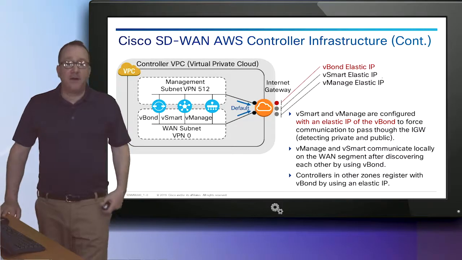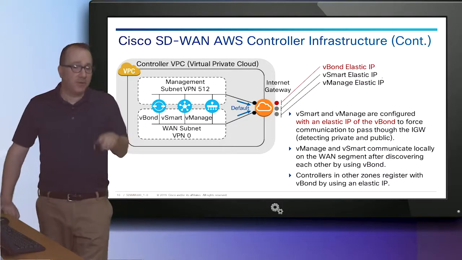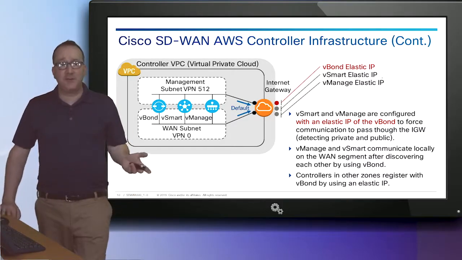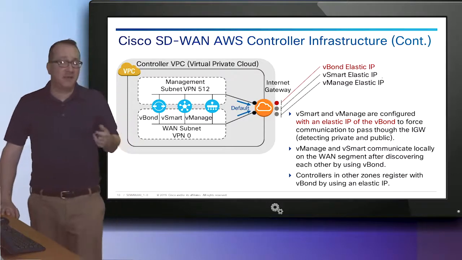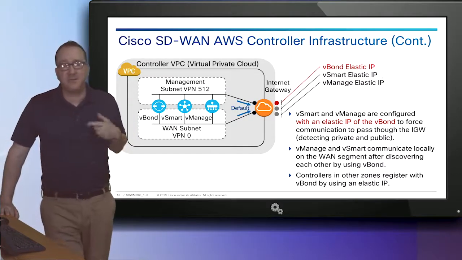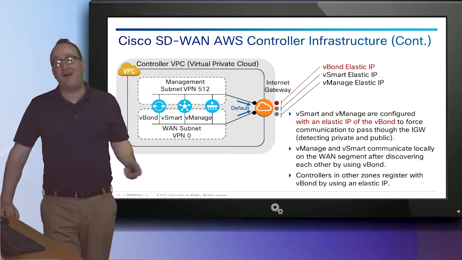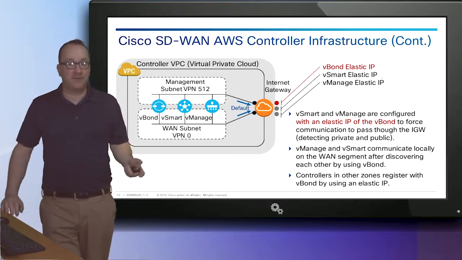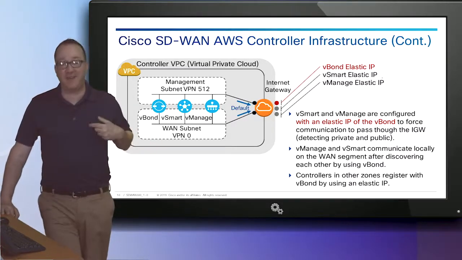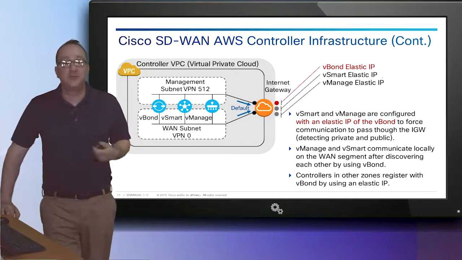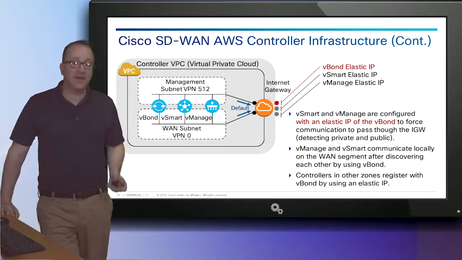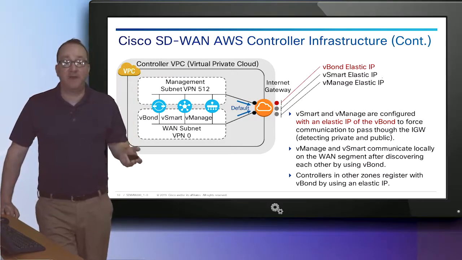Okay? The communication between the controllers is not always going to be within the same subnet. As you might expect, while vManage and vSmart communicate directly over the WAN interfaces, all communication with vBond from the vSmart and vManage, within the virtual private cloud and outside the virtual private cloud, uses those elastic IP addresses we talked about on the last slide of the vBond.